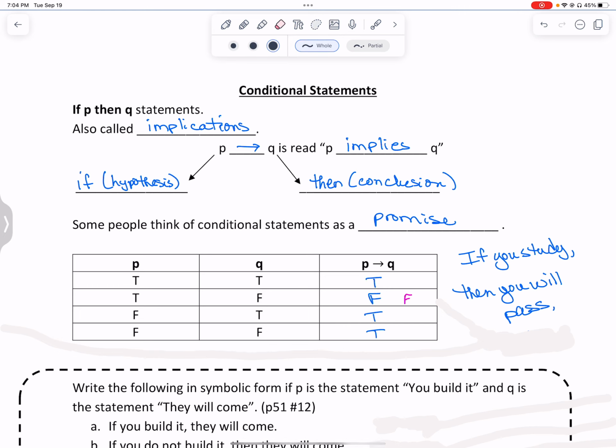So the only one that's false is you studied, but then you didn't pass. All of these are going to be true except for this one where you did what I asked, but then I didn't uphold my end of the bargain. So that's the only one that's going to be false. The first one is true, the statement is true, and then the conclusion is false.